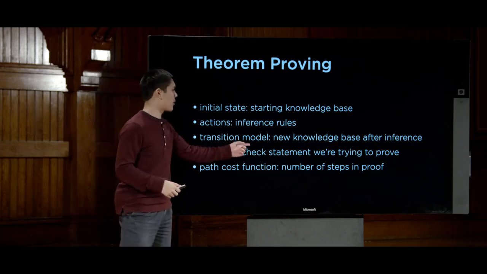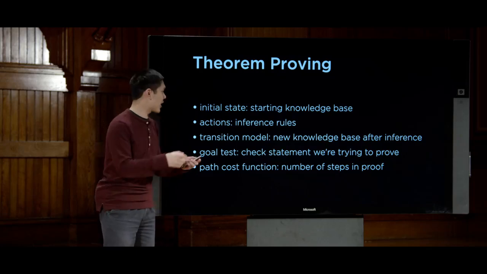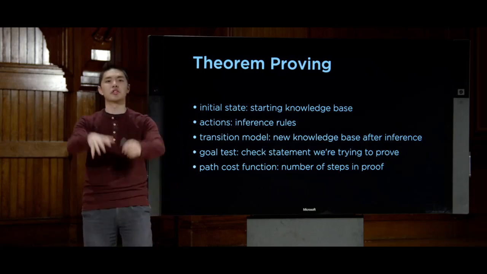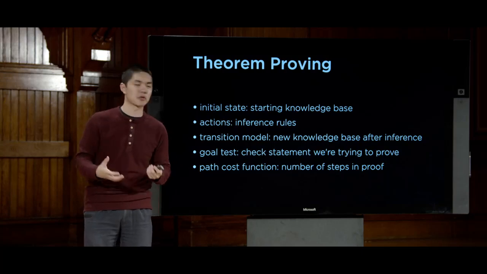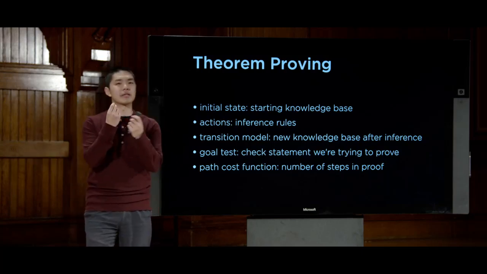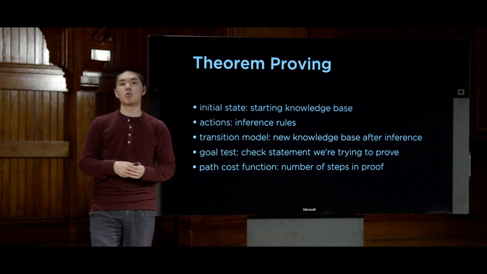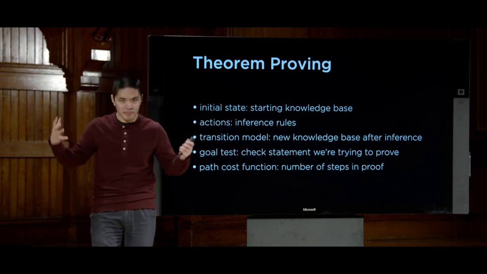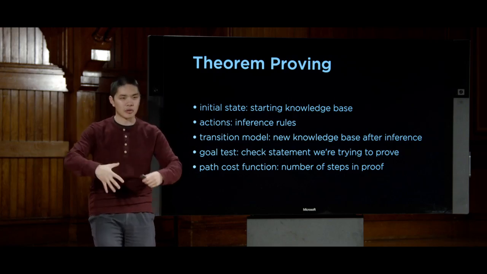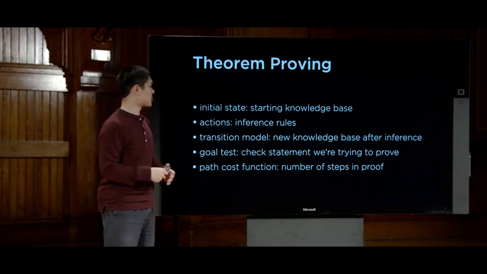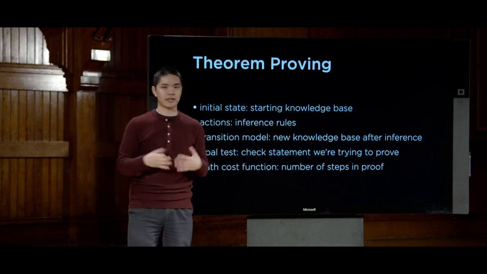The transition model just tells me, after I apply the inference rule, here is the new set of all of the knowledge that I have, which will be the old set of knowledge, plus some additional inference that I've been able to draw, much as in the same way we saw when we applied those inference rules and got some sort of conclusion. That conclusion gets added to our knowledge base, and our transition model will encode that.